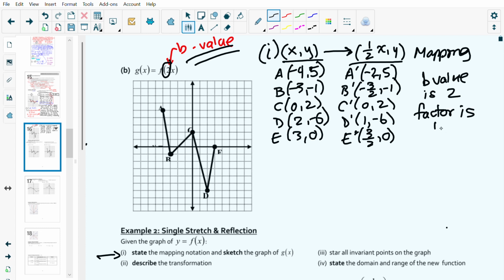Factor is 1 over the absolute value of b. So that's 1 over the absolute value of 2, and that equals 1/2. So the factor is what you multiply for a horizontal stretch. The factor is what you multiply all the x values by to transform the function. Okay, and that's what we've done on the right side here.